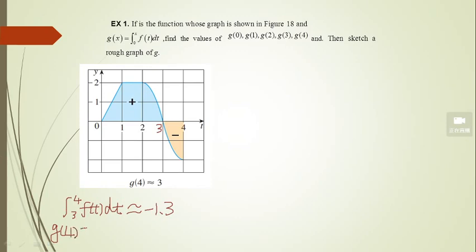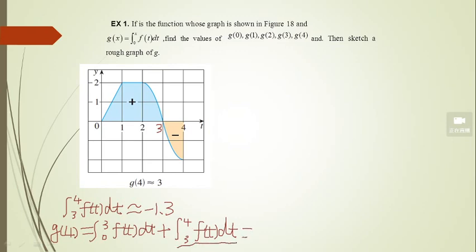So again, we can write G4 according to the rule. G4 equals the integral from 0 to 3 of ft dt plus 3 to 4, according to the additivity rule. 0 to 3 we know it's 4.3. Now 3 to 4 is minus 1.3. Here is plus the area, but the area is a negative number.